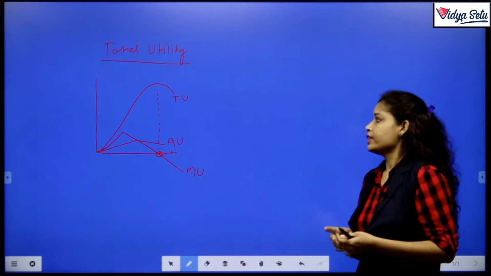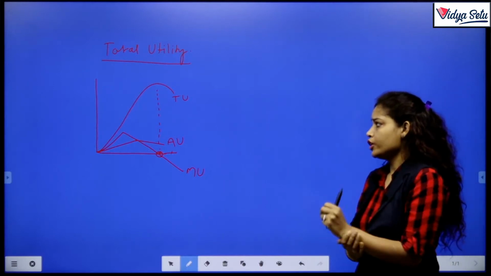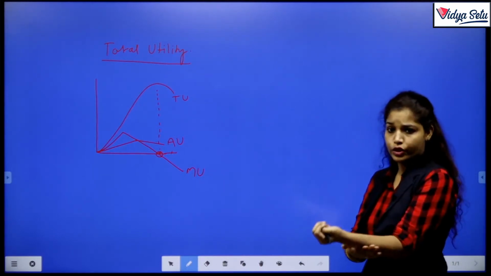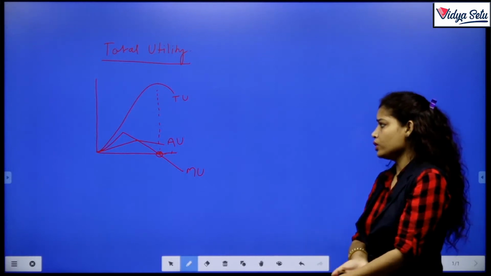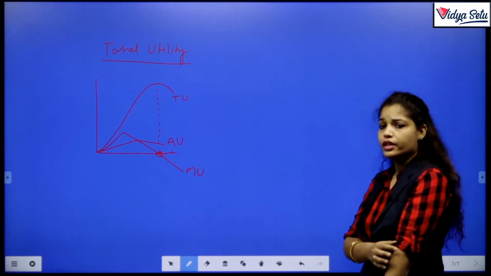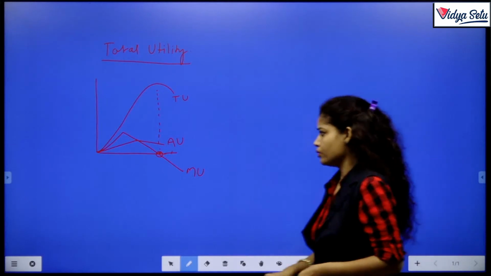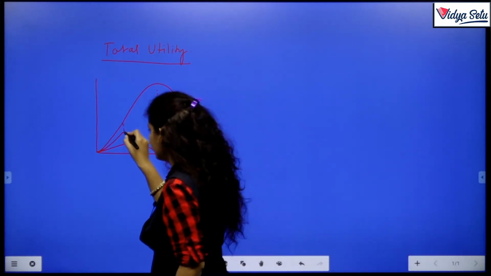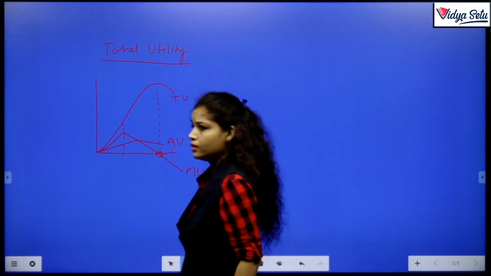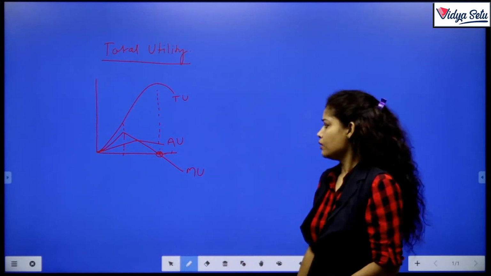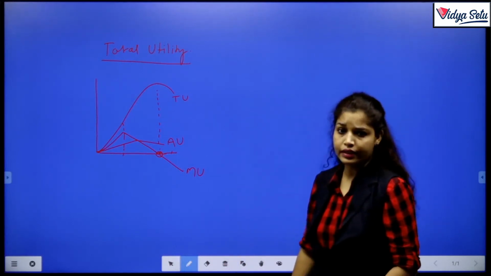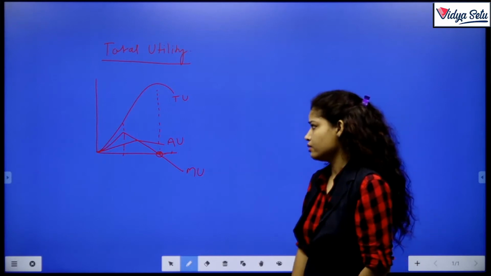So in this graph we will discuss the relation of TU and MU. What are the relations? When MU increases, TU increases with an increasing rate. Then when MU decreases, TU still increases, but with a decreasing rate. Clear?